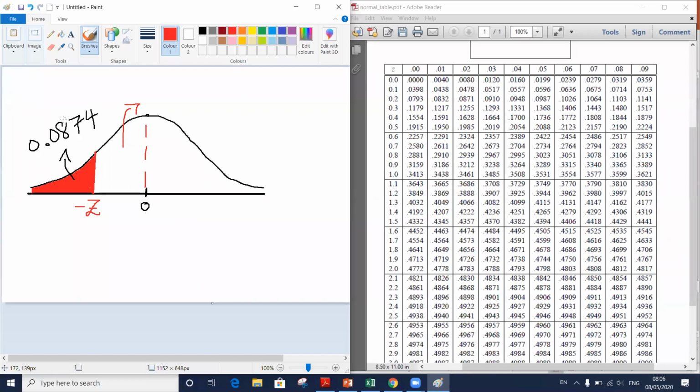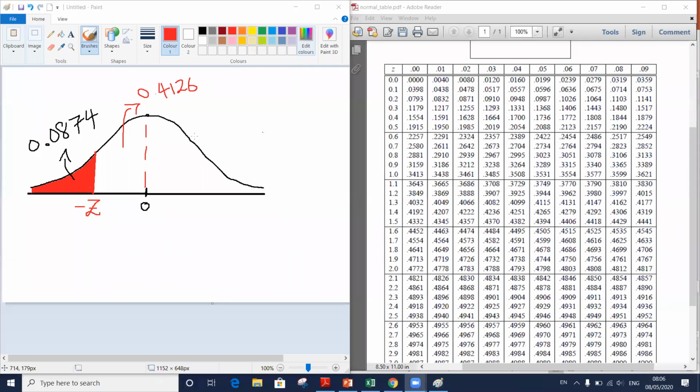So from 0.5, if we deduct 0.0874, what should the answer be? 0.4126. Yes. The probability for that is 0.4126, which is 0.5 minus this one.